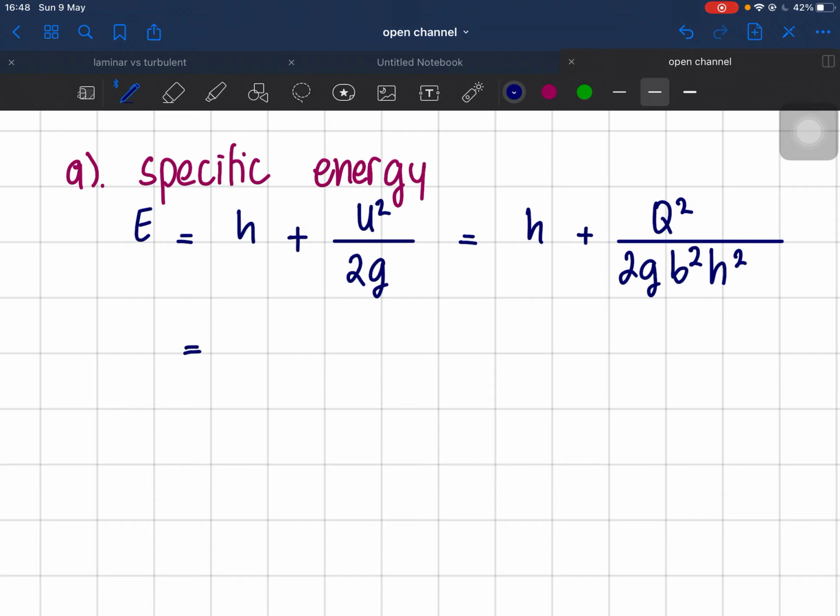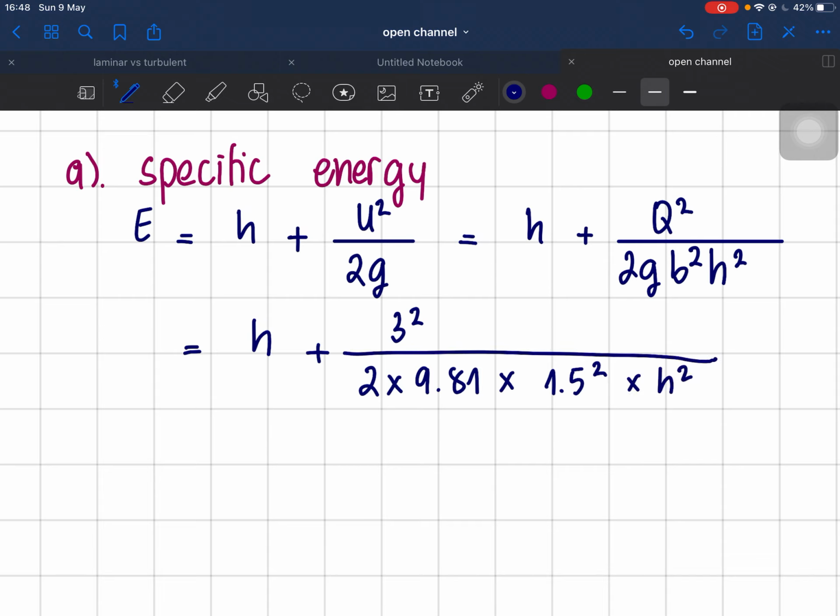So now we can get E equals to H plus 3 cubic meter per second squared, the lower part here is 2 times 9.81 times B, which is 1.5 squared, times H squared. So we don't know the H here because we're trying to find the H. And the E, just leave it here.